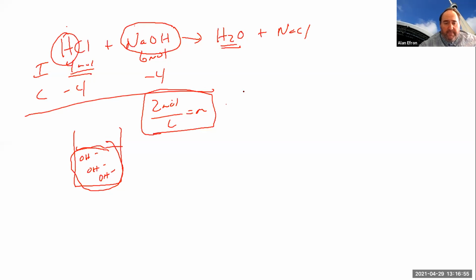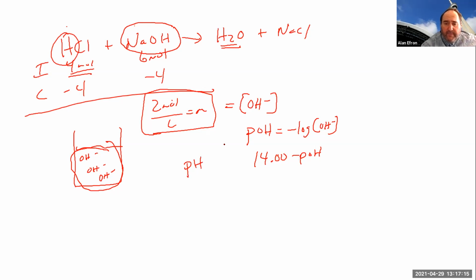And because it's a strong base, that's really the hydroxide concentration. So you can't go directly from the hydroxide concentration into the pH equation. You have to first calculate the pOH and then subtract it from 14 to get your pH.